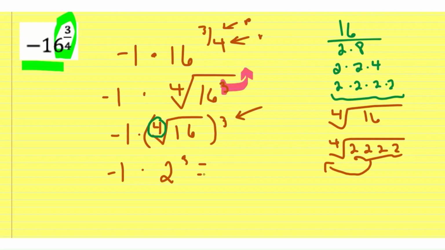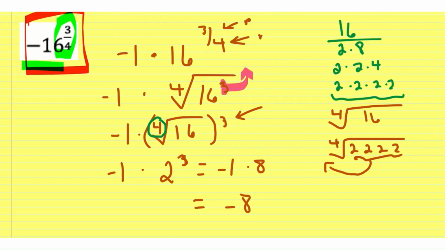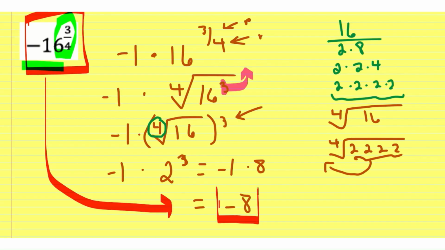So that means it's going to be equal to -1 times 2 raised to the third power. 2 times 2 times 2 is 8. So my final answer is going to be -8. So -16 raised to the 3/4 power, and it's not in parentheses, is going to give me an answer of -8.